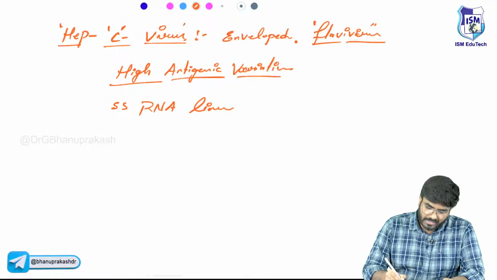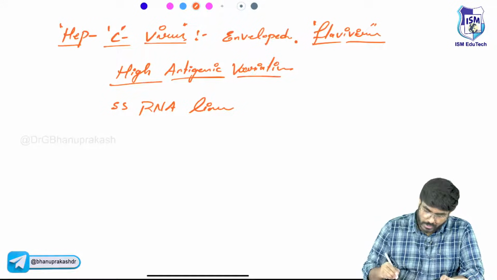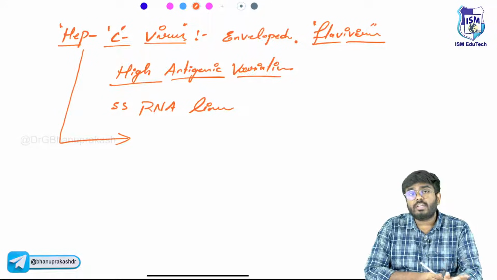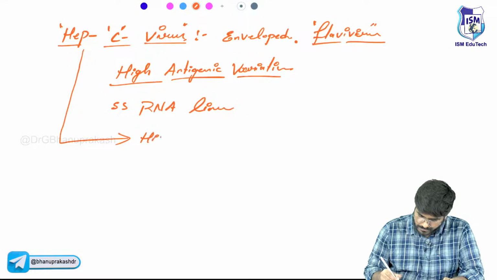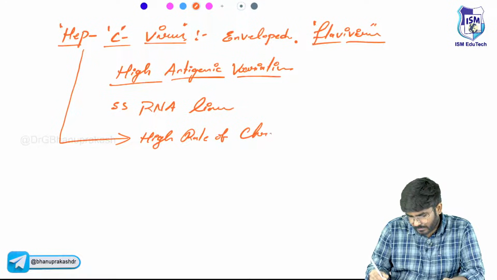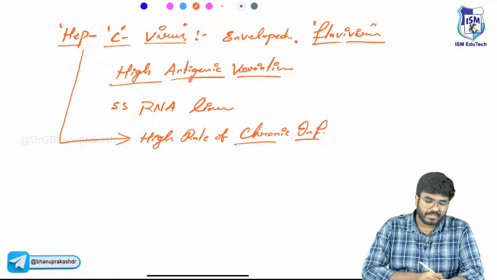Especially in the Western countries, hepatitis C virus infections are most common. Once you get hepatitis C, there is a high rate of chronic infection.